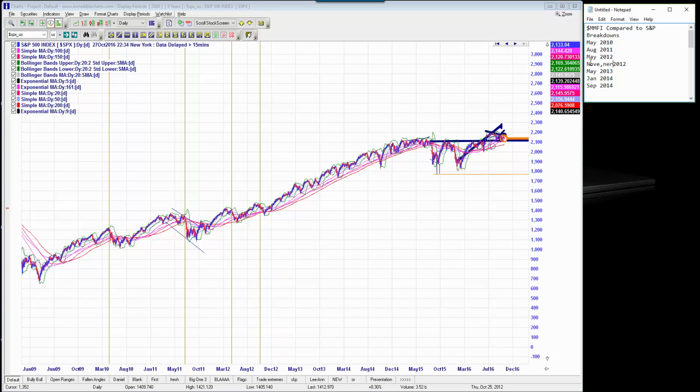You can see it's mostly at the beginning of these months, which of course is right around where open range is. We'll go to May 2013. All right, so we saw the top of the market was May 21st. January 2014. There we go. And we can see the drop January 21st. Of course, what does that remind you of?